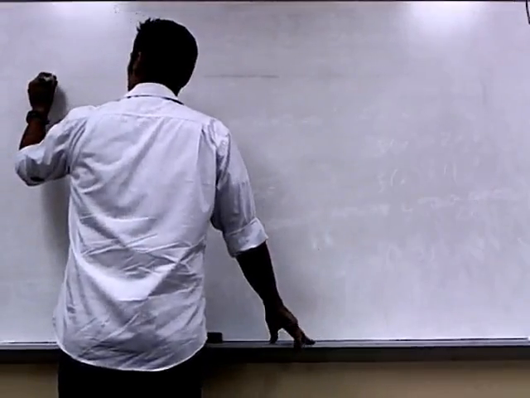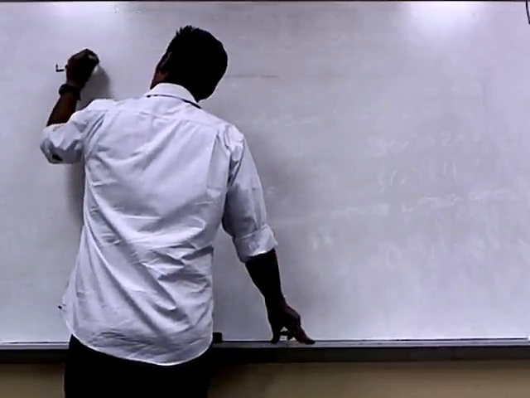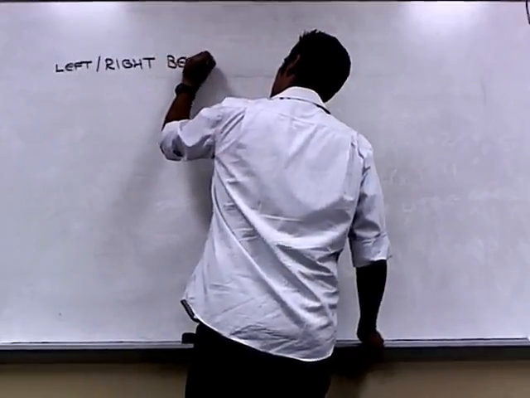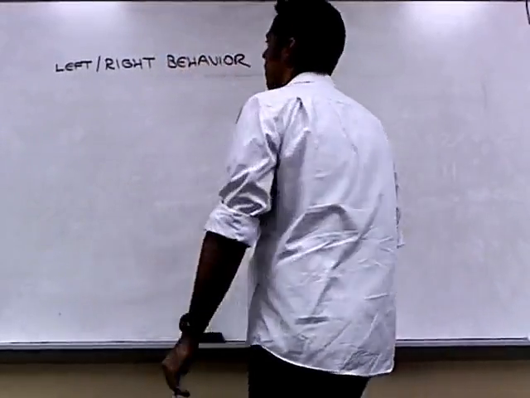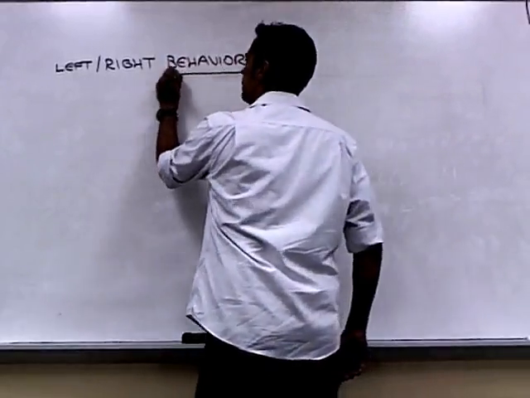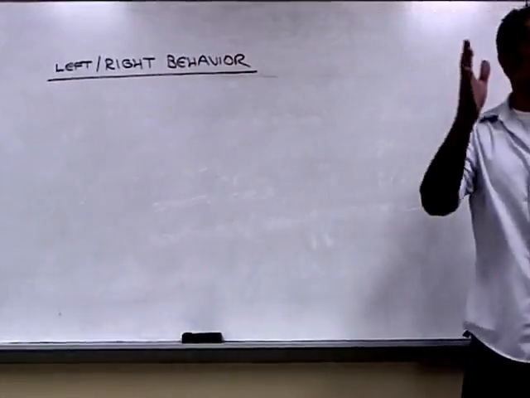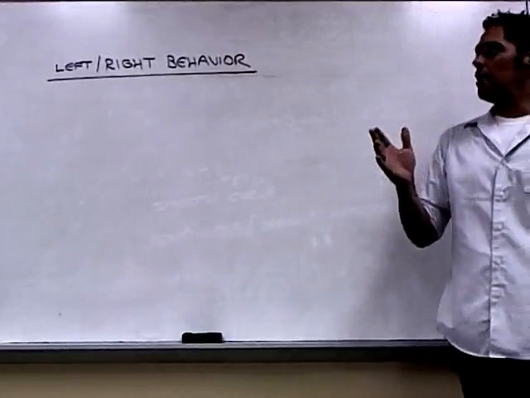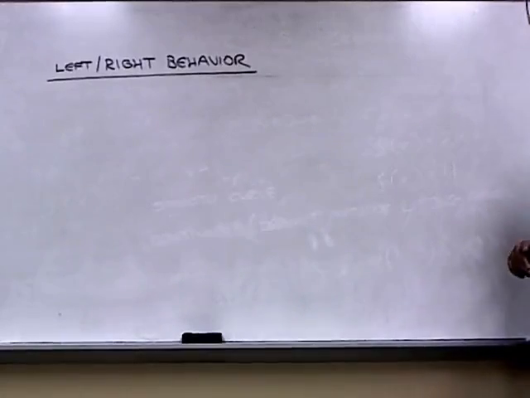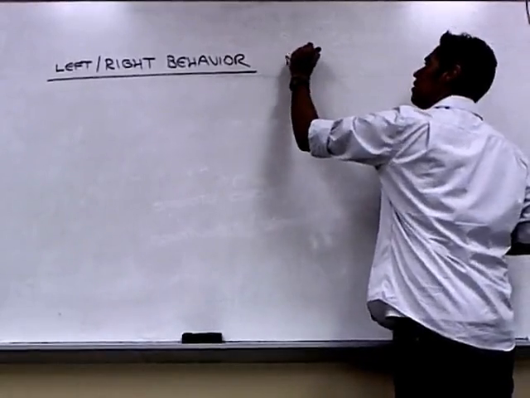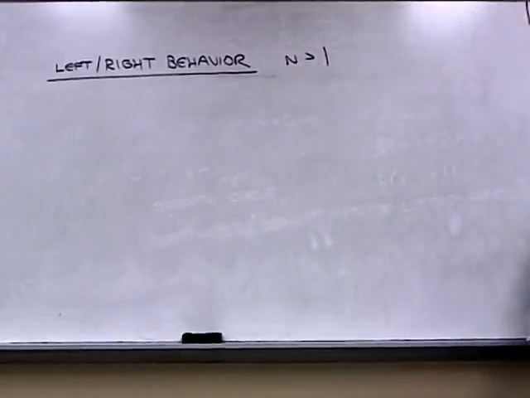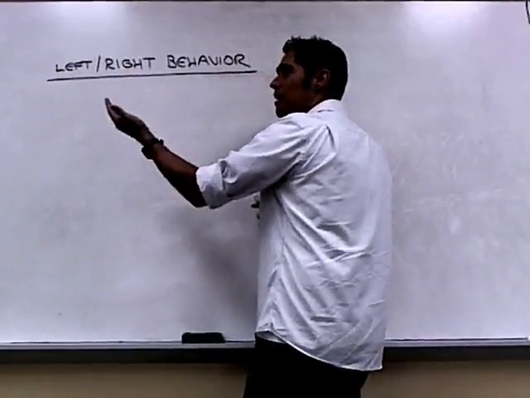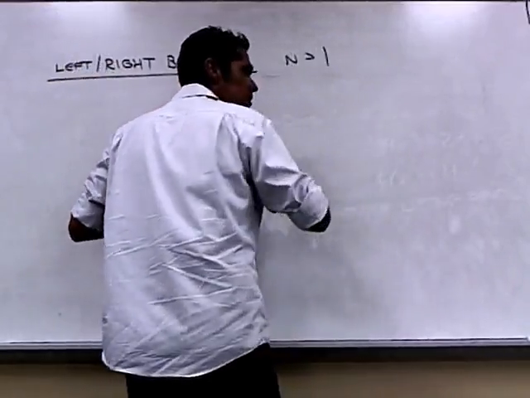But here are some other properties that we need to know about polynomials. So here's what we call the left and right behavior. Now remember, I'm talking about polynomial functions right now, degree greater than 1. If you have a polynomial function, degree greater than 1, then here's what I mean by left and right hand behavior. The left side of the graph does something, and the right side of the graph does something.